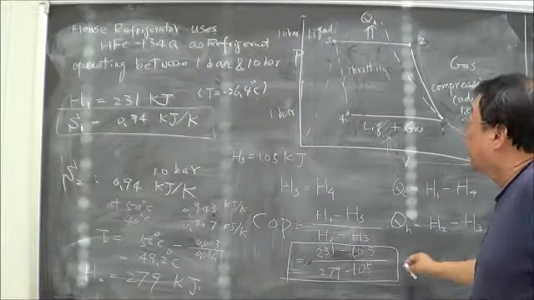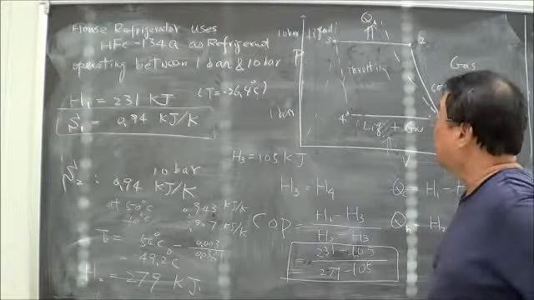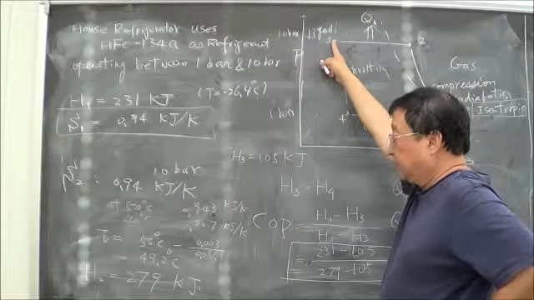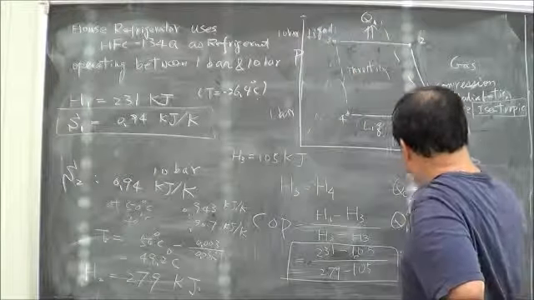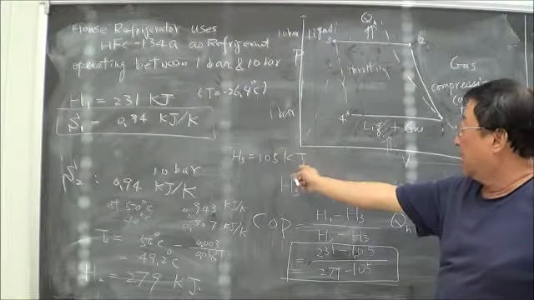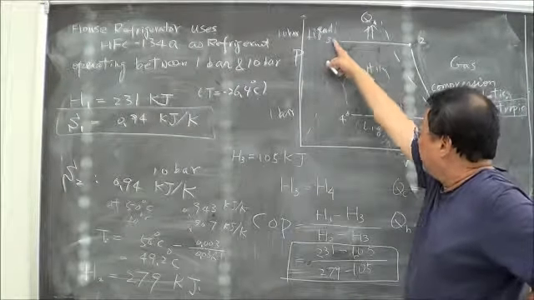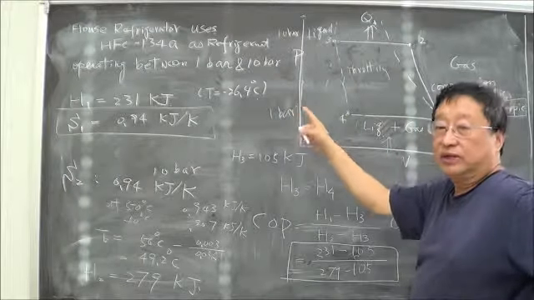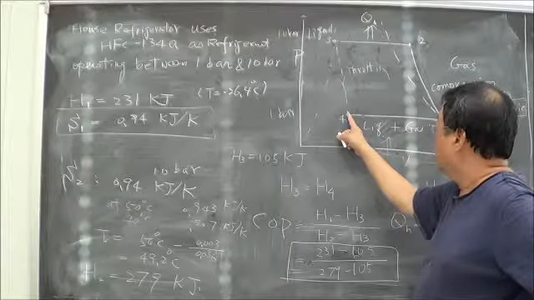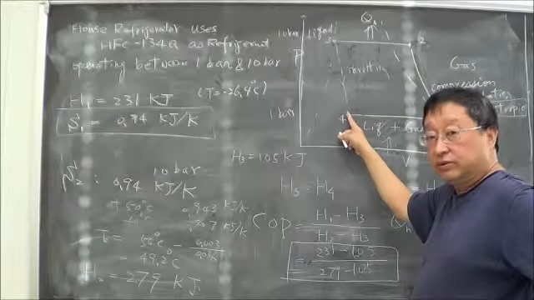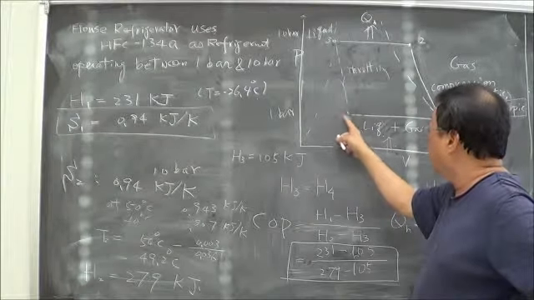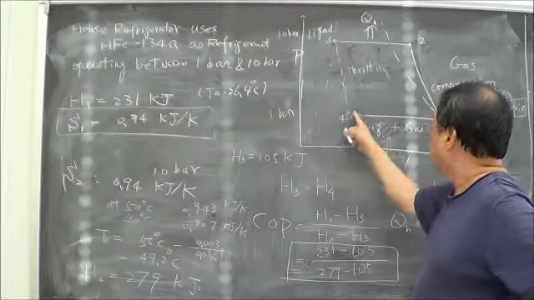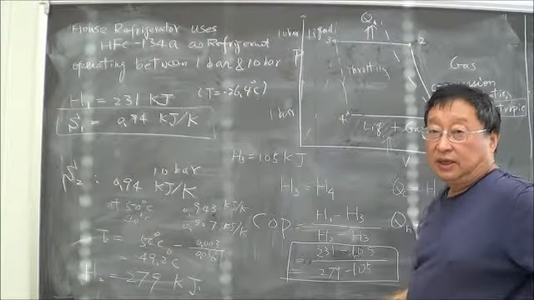One interesting thing is that it may ask you, okay, now you know this. You already calculated H3, right? H3 is going to equal 105 kilojoule. Now, if you bring it down to this point, which is at minus 26.4 degrees centigrade, will you be able to calculate at point number 4 what fraction becomes liquid and what fraction becomes gas?